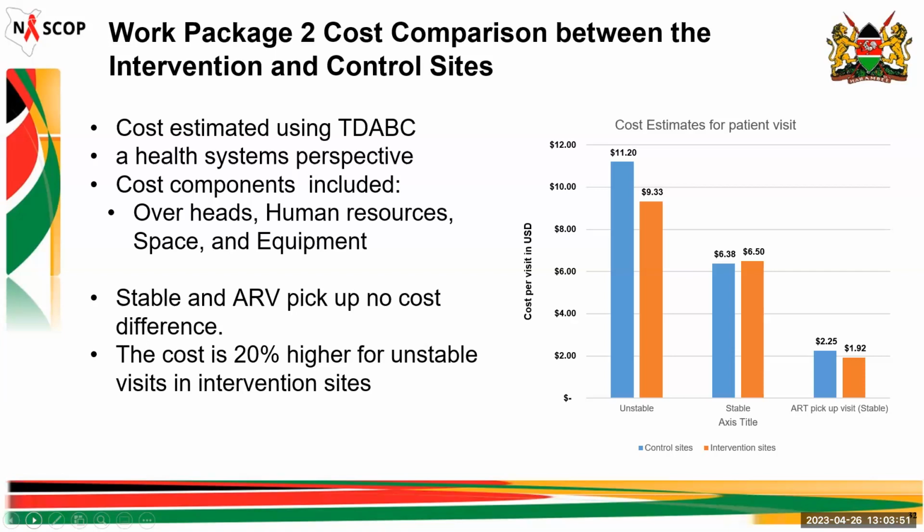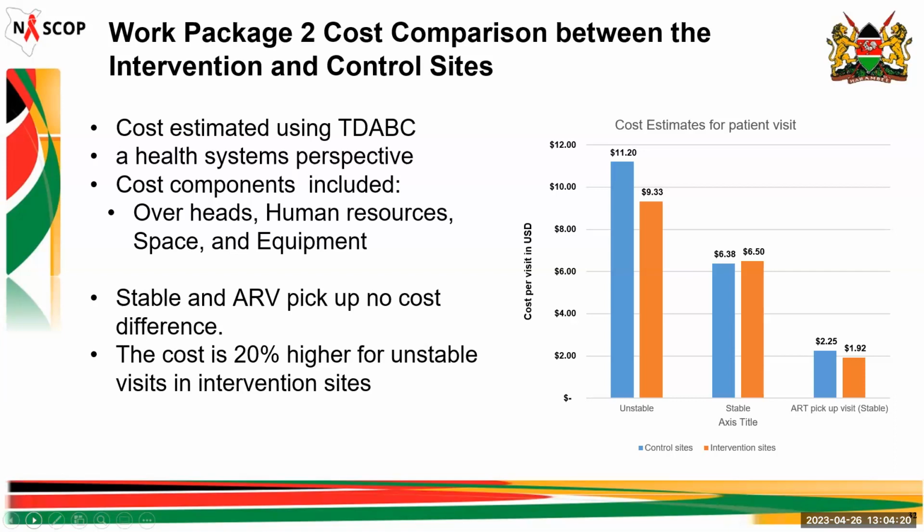But in terms of what it takes to deliver services, the process maps showed really similar patterns in terms of how client flow moves. Despite the difference of the facilities, we were able to pick up the main costs that are a component of the process maps.